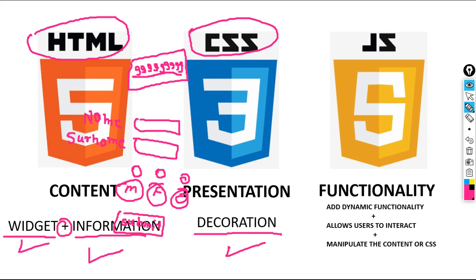Do you think this is a valid number? Is there any 9 digit number? No, correct. That should be validated. How will that validation be done? That is nothing but functionality. So that validation functionality will be provided by JavaScript. Understood? Now, suppose the user wants to interact.